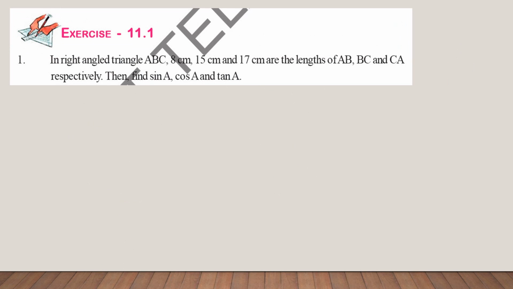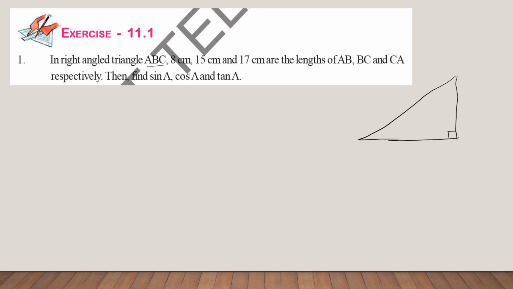What has been given? In the right angle triangle ABC, 8, 15 and 17 are the lengths of AB, BC and CA respectively. Then find sin A, cos A and tan A. Now let us draw the right angle triangle first. So this is my right angle triangle, and it is given as right angle triangle ABC.